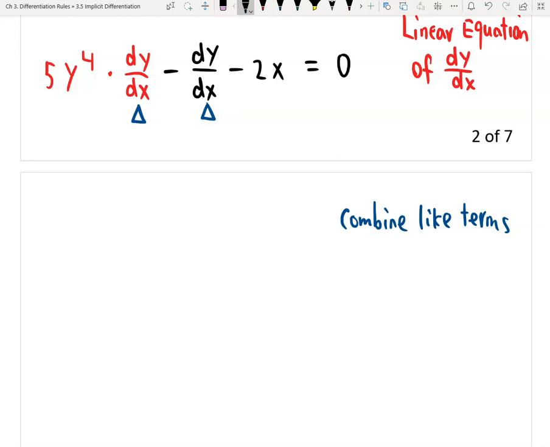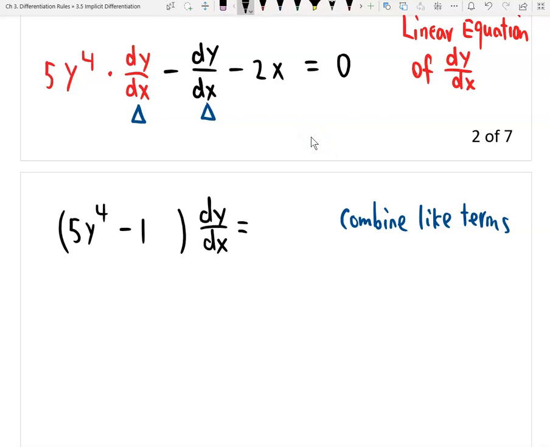We should get this: the coefficient times dy/dx equals what? This is a linear equation, so what is the coefficient? It's easy to see: the first coefficient 5y to the fourth power minus the second, 1. So it is 5y raised to the fourth power minus 1, right?